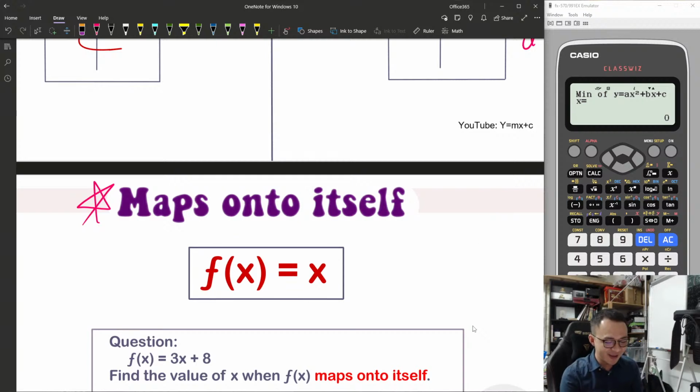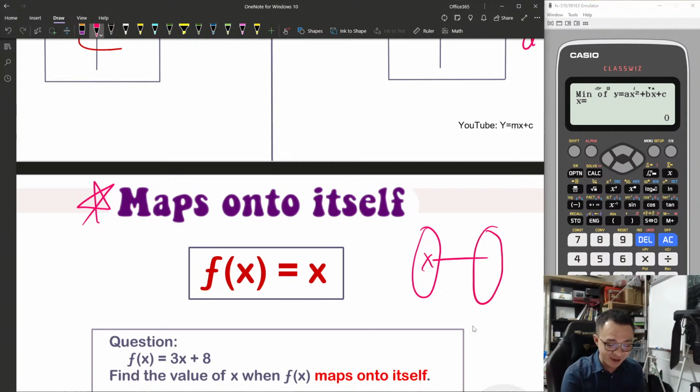In this case, I know x will map into x, right? But this is the x value, and this is the y value, or the y value is at the same time the f(x) value, right? Basically it means your x will be the same as your f(x), because your x right now is x, your f(x) right now is f(x).